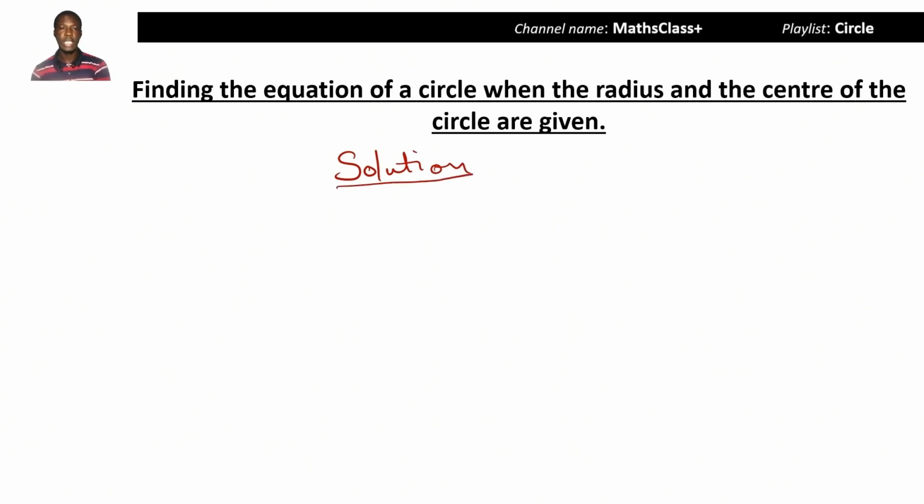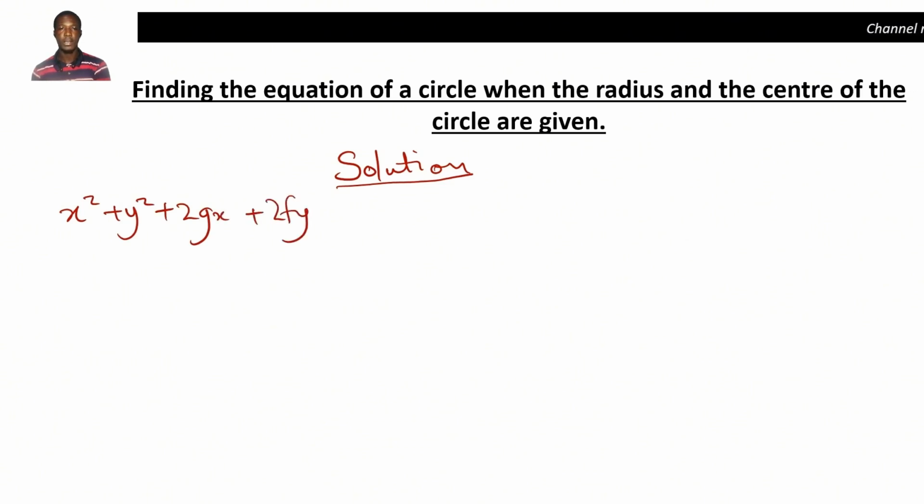We'll go back to the general formula, which is x² + y² + 2gx + 2fy + c = 0. Now we remember that the center of a circle is given as (a, b).